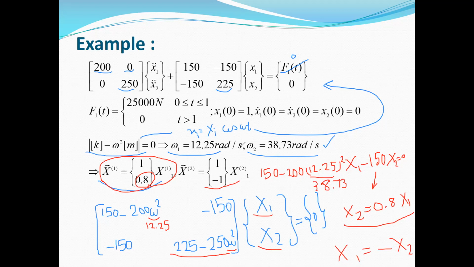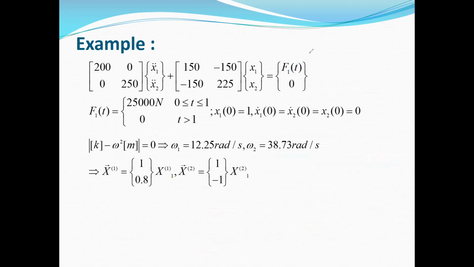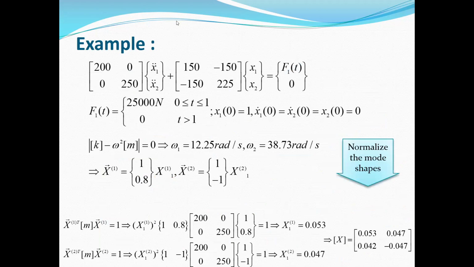And the next step, we need to form the modal matrix. As you can see, we have the modal matrix. And to obtain the value of x with superscript 1 and x with superscript 2, we need to normalize the vectors.